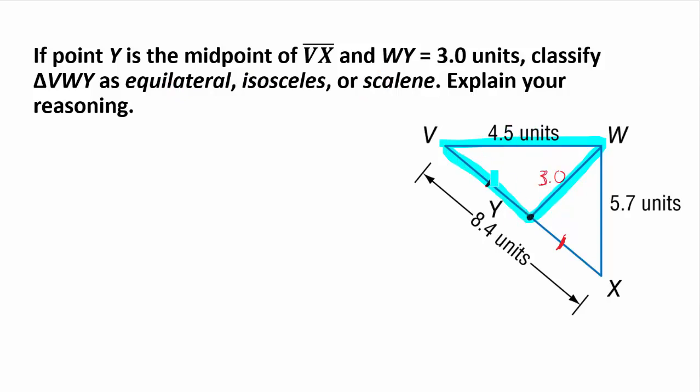Now, do we know how big this side is? Yes, because the entire length of this segment is 8.4 and we're looking for half of it, so this one is going to be 4.2. If you look closely, none of these line segments have equal lengths. Therefore, we have a scalene triangle.